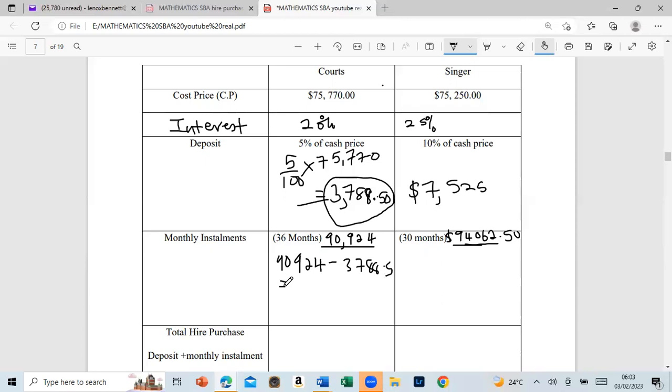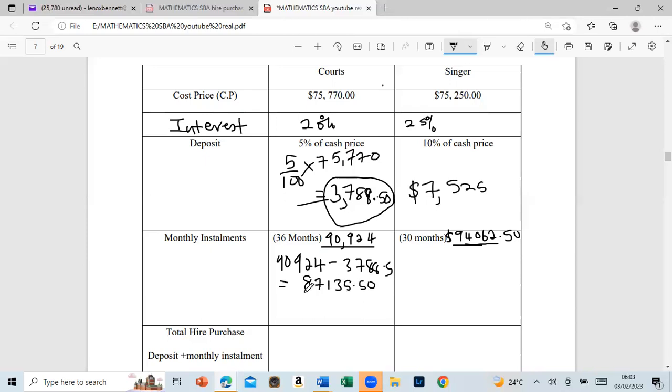Subtract that, guys. 90,924 minus 3,788.5. Alright, so the grand total apart from the deposit would be 87,135.50.